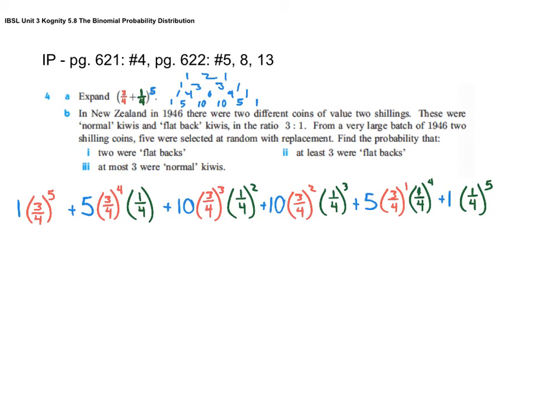So the flatbacks were the 1/4 part. Those are the flatbacks. And the normal ones were the 3/4 probability. And identifying that is important here.